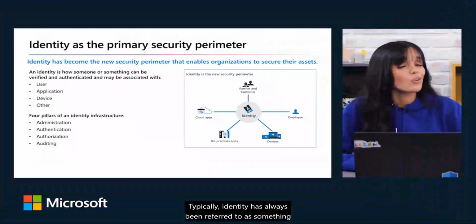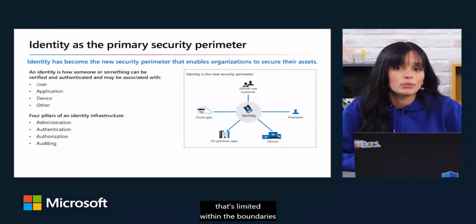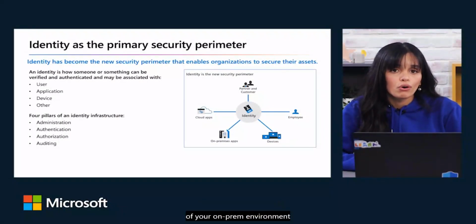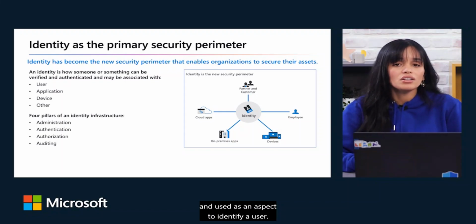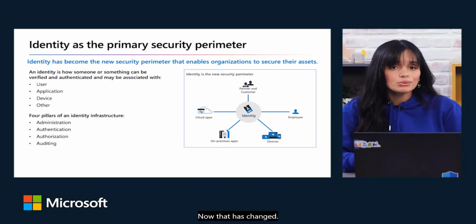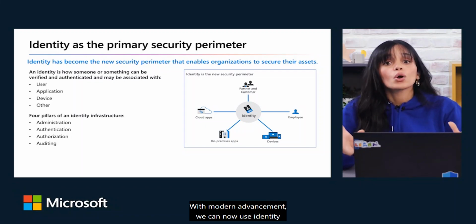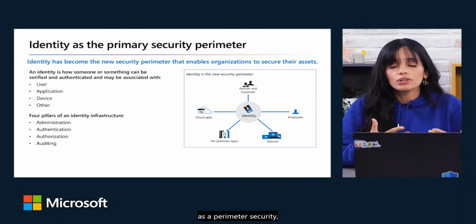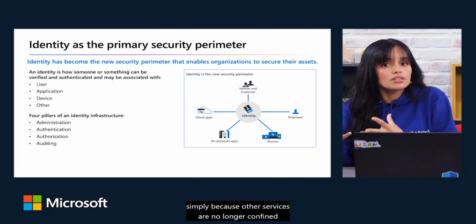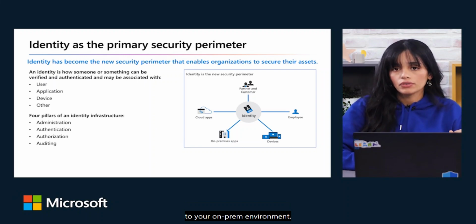Typically, identity has always been referred to as something that's limited within the boundaries of your on-prem environment and used as an aspect to identify a user. Now, that has changed. With modern advancement, we can now use identity as a perimeter security, simply because services are no longer confined to your on-prem environment.